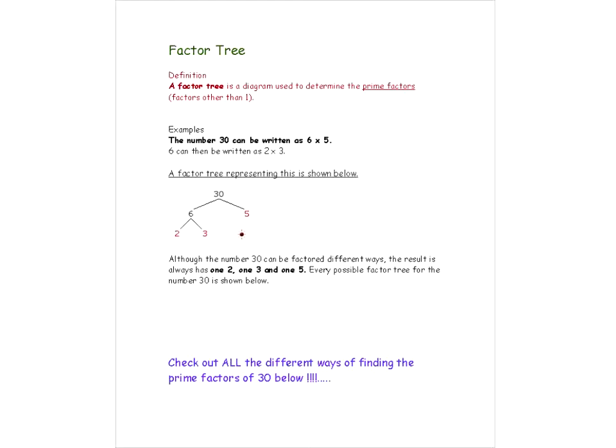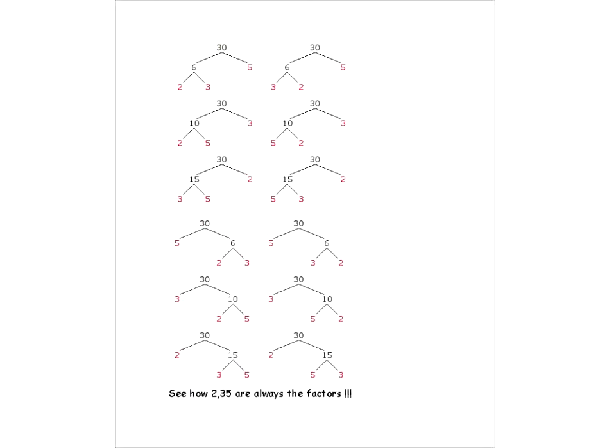Okay, so I just want to show you guys, just so you can get an idea of how many different ways you can find the prime factors of 30 using a factor tree. So you could have started by breaking it up into 6 times 5, and you could take your 6 and you could put the 2 first and then the 3, or the 3 and then the 2. Those ones are pretty similar to one another.